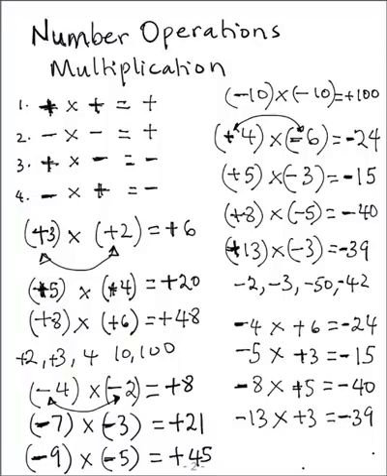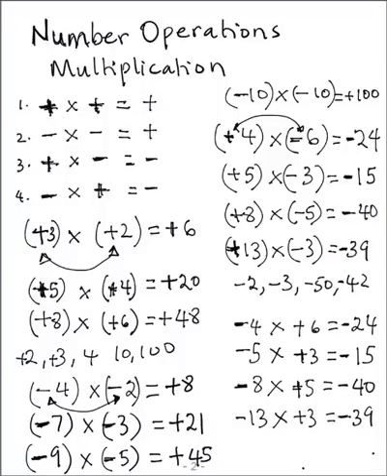Just to quickly recap, we have covered number operation multiplication. You can see a pattern developing now, and this will help you to remember or to memorize, so as the case may be, where we have plus multiplied by plus will give us positive sign, and negative multiplied by negative will give us positive sign.